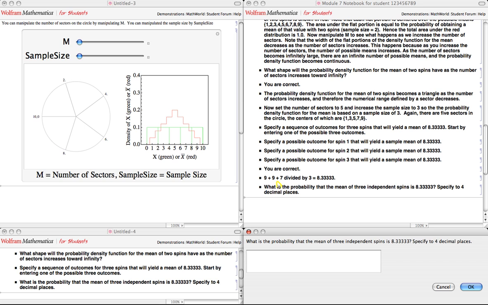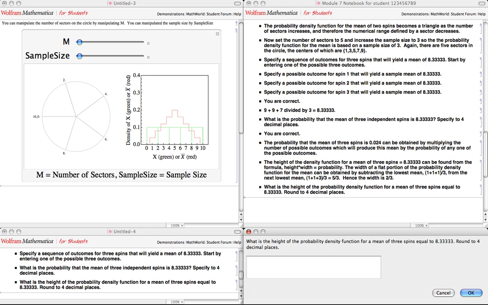We already said that was 3. So the probability of getting a sample mean of 8.33333 with 3 spins is equal to 0.024.